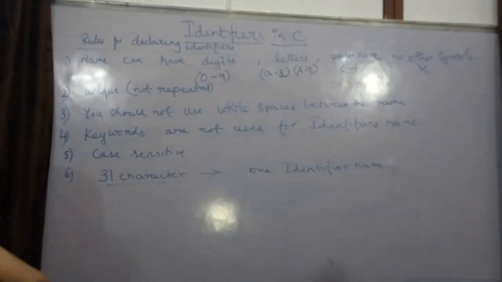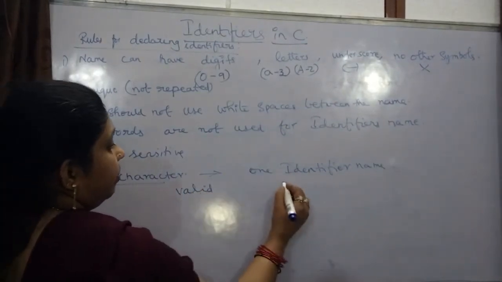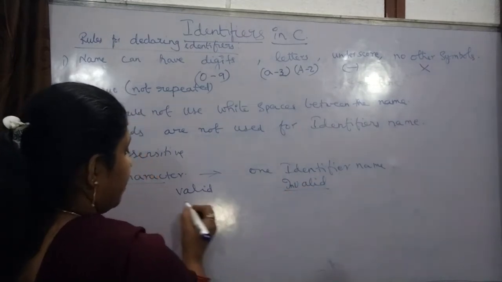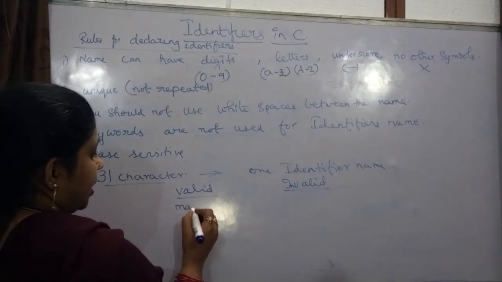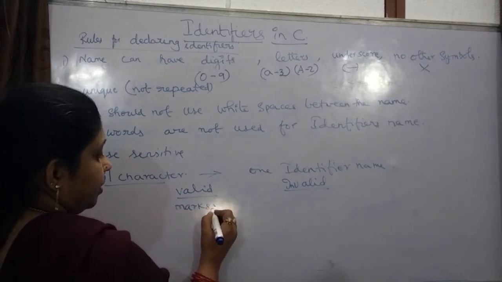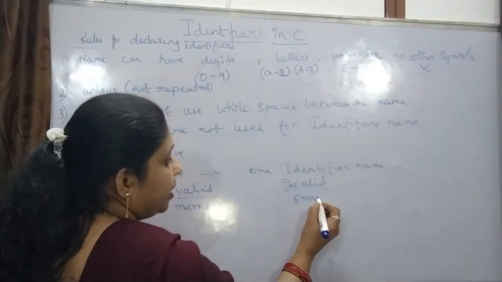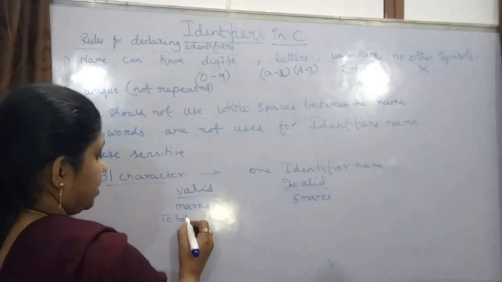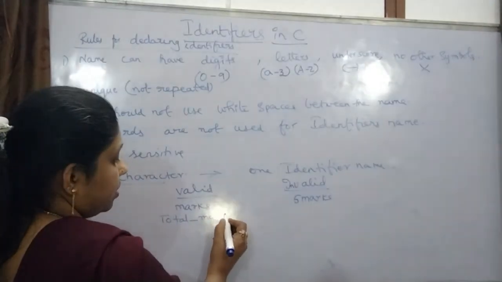Next I am going to write some valid and invalid identifier names. Valid: marks, this is valid. Now this is not valid. Spaces, underscore marks.